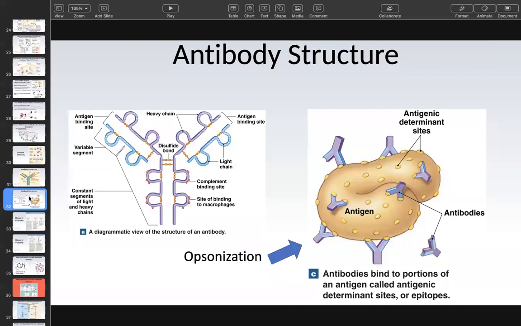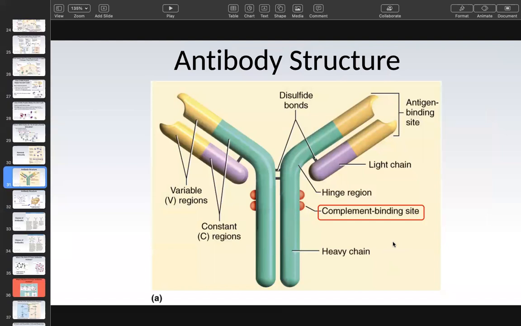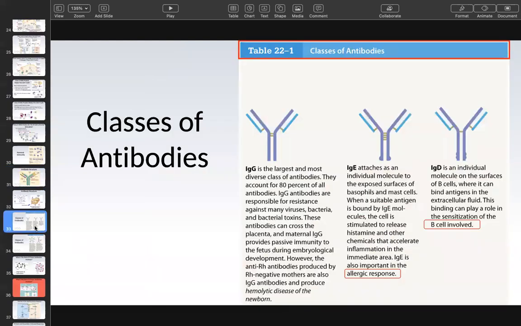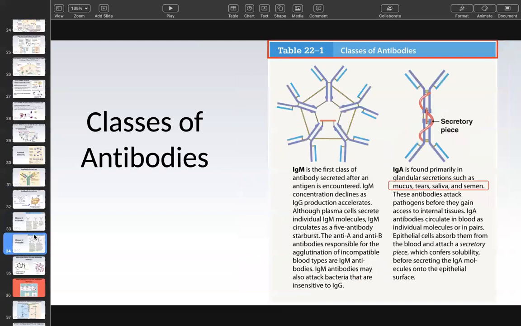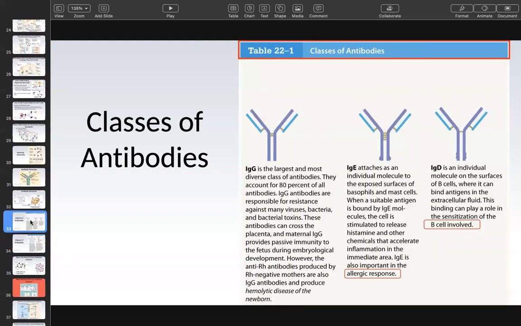Antibodies will go through a process of opsonization, which correlates back to our discussion on the complement system involving C3a and C4a, which will then bind to the complement binding site on the heavy chain. There are 5 main classes of antibodies dictated by the structure that's on the heavy chains here, here, and here: IgG, IgE, IgD, IgM, and IgA.